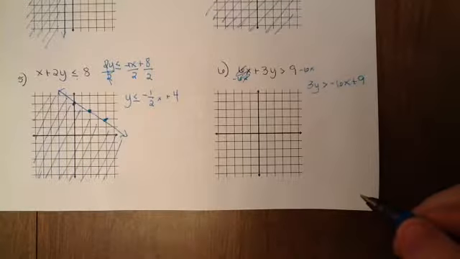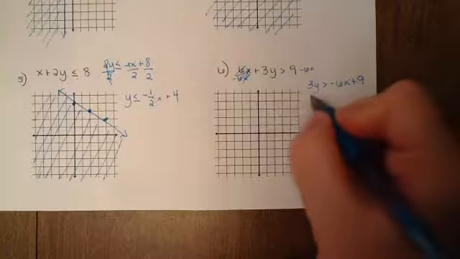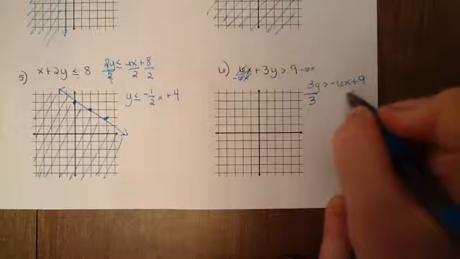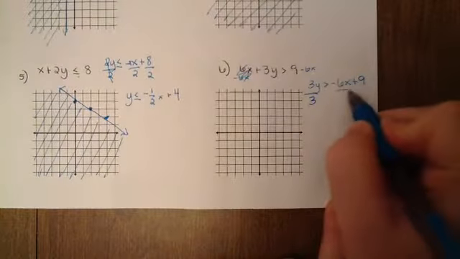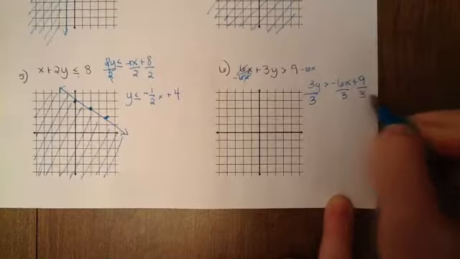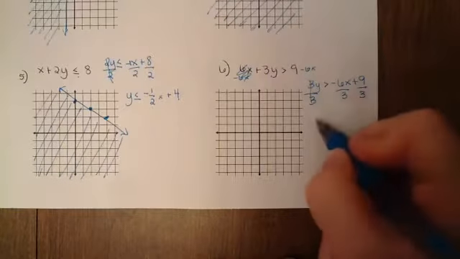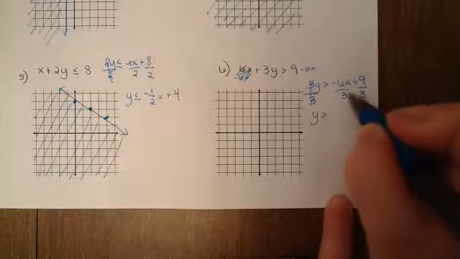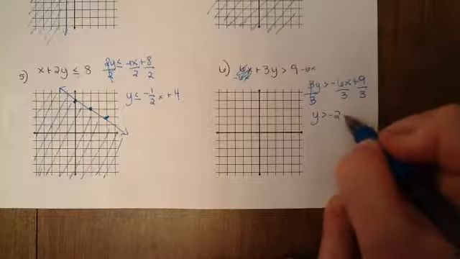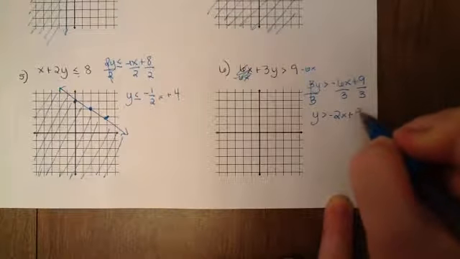Now what did you do? Divide by 3, and when I divide by 3 over here, divide both pieces by 3. Y is greater than negative 2x plus 3.